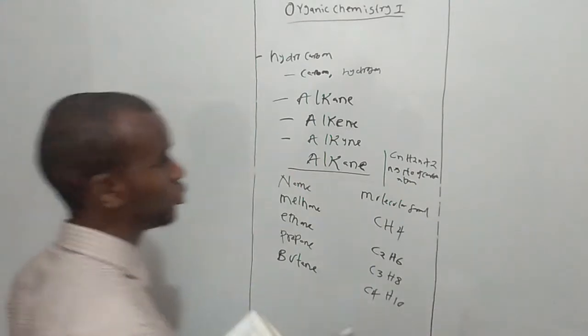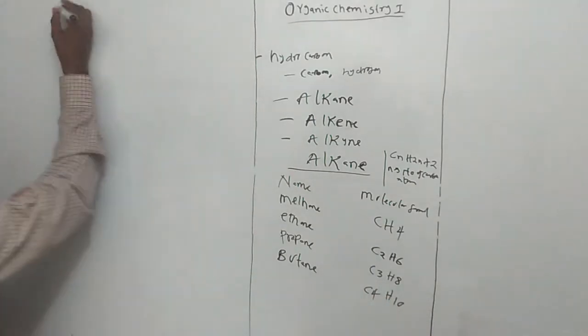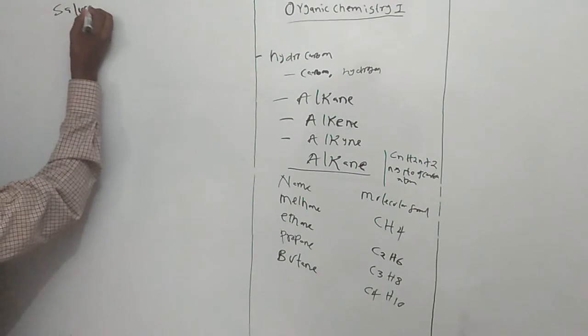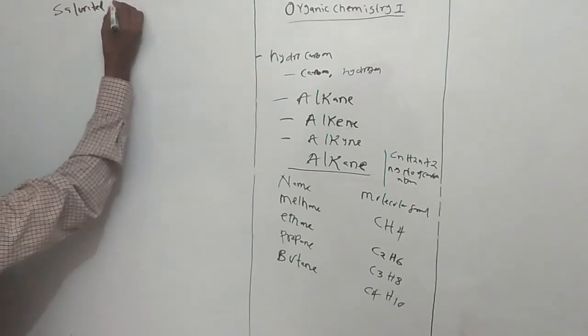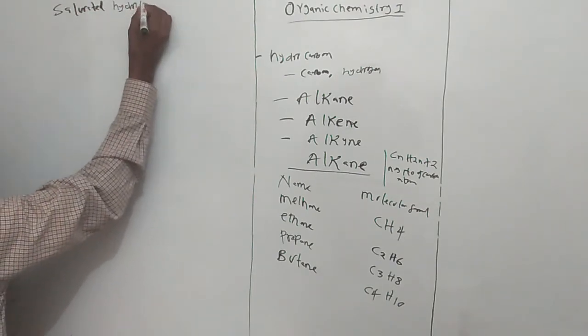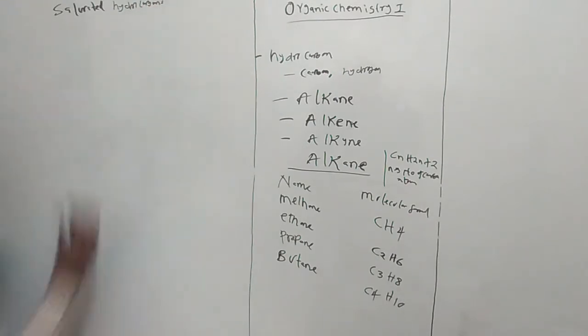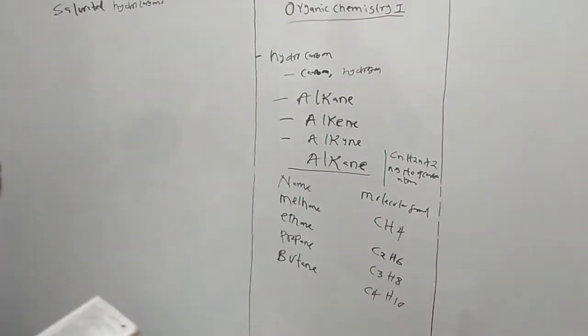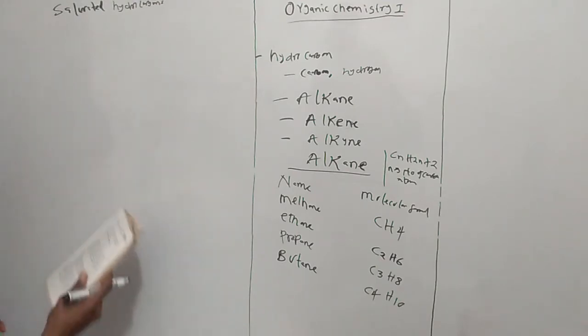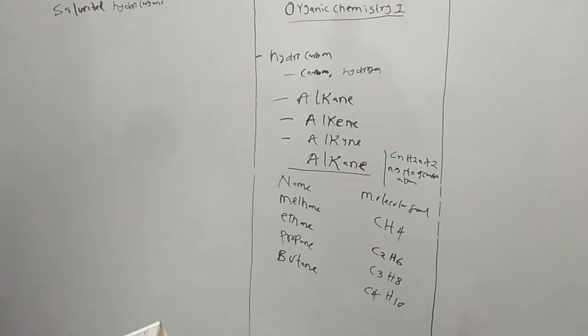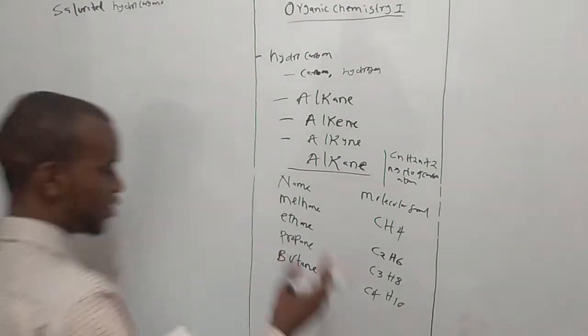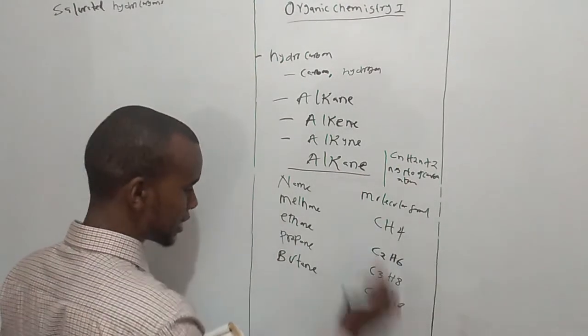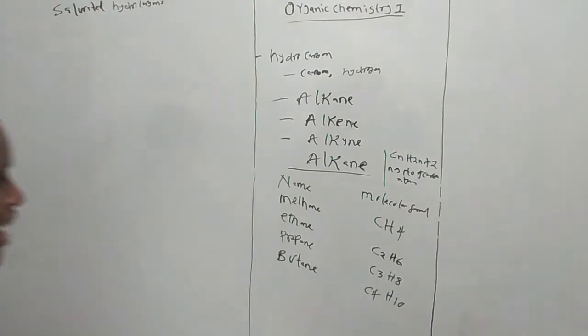They form saturated hydrocarbons because the carbon atoms are linked by a single covalent bond. And remember that a saturated hydrocarbon is one that contains the maximum number of hydrogen atoms possible bonded to carbon atoms. These hydrogens are the maximum possible.